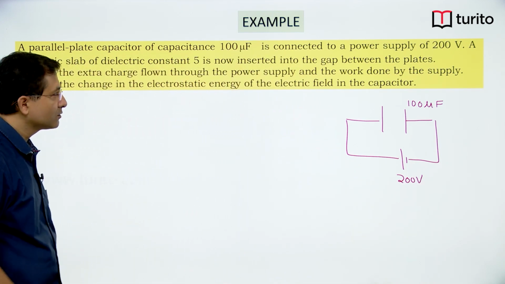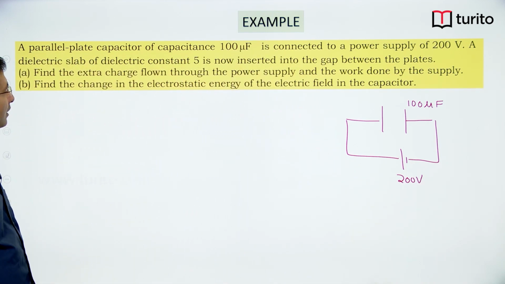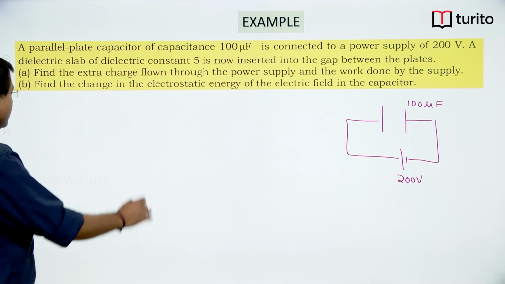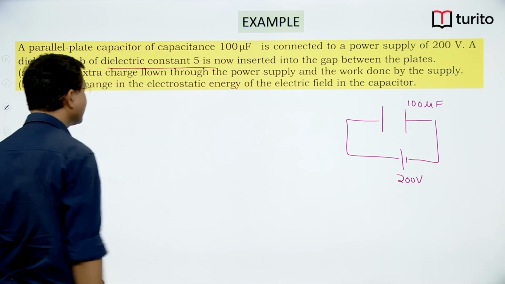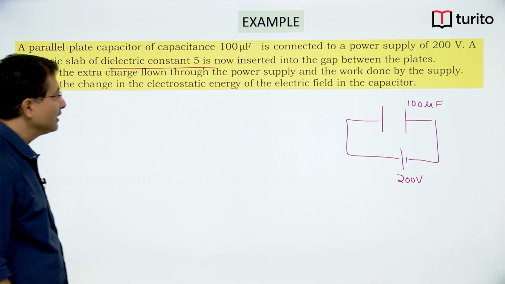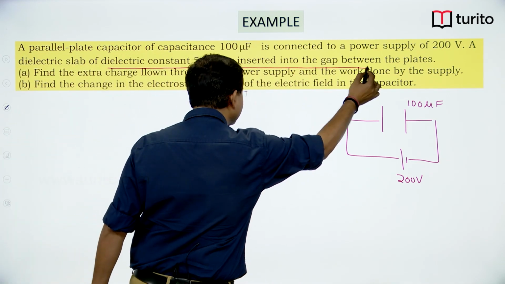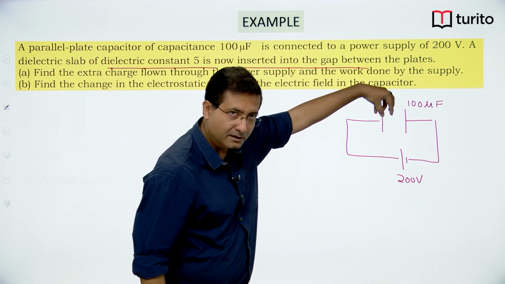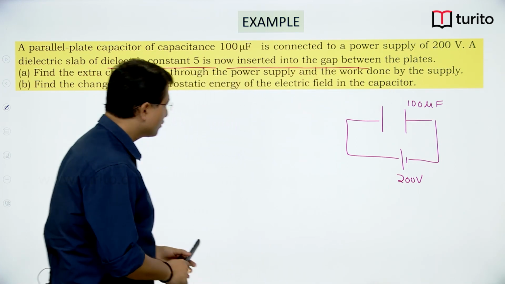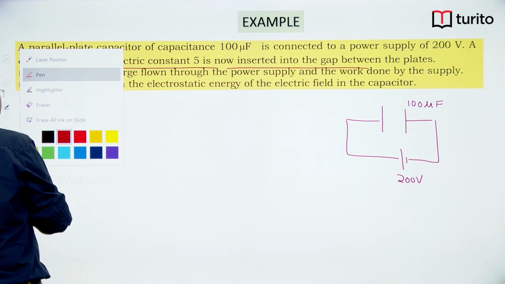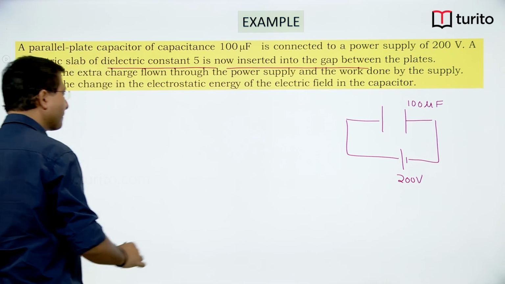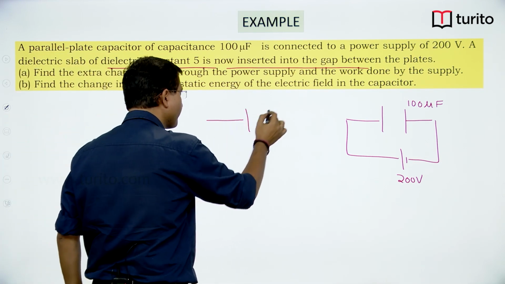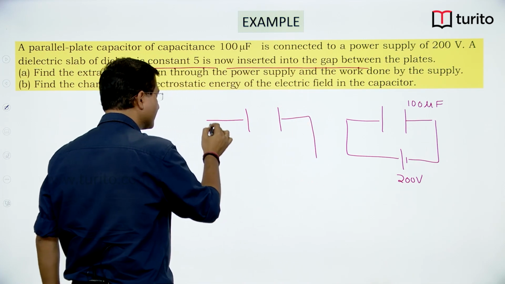This was the initial arrangement, and now we are inserting a dielectric into the gap between the plates. So here I am adding a dielectric. I will draw another circuit so that we can compare.